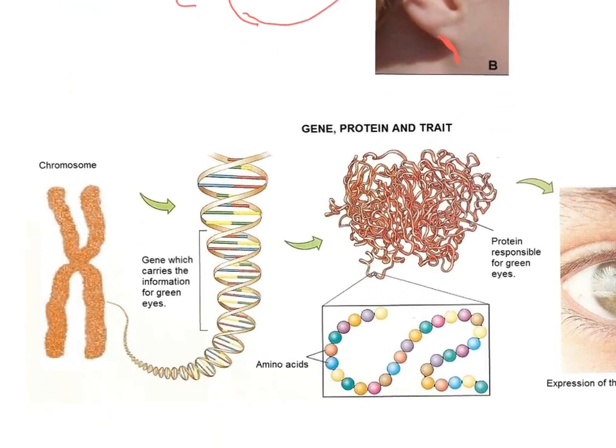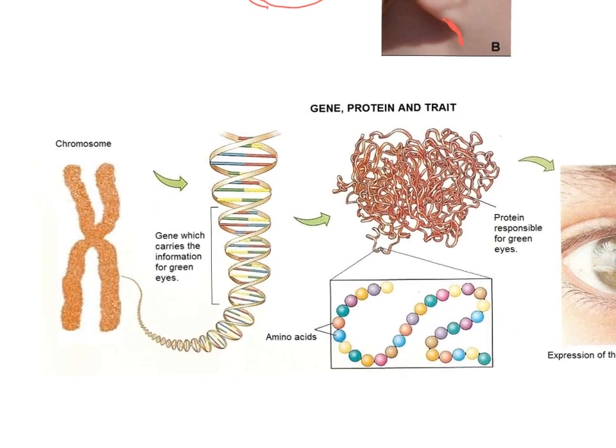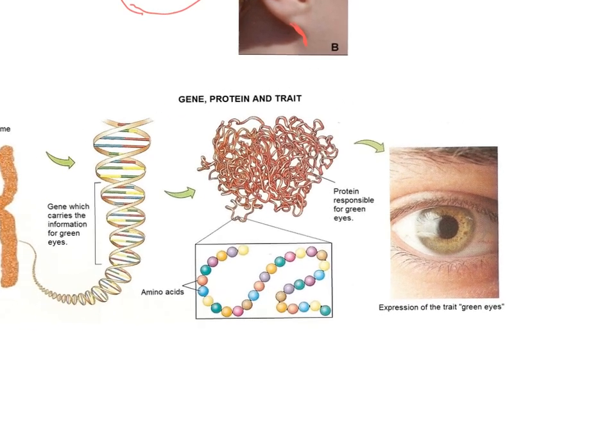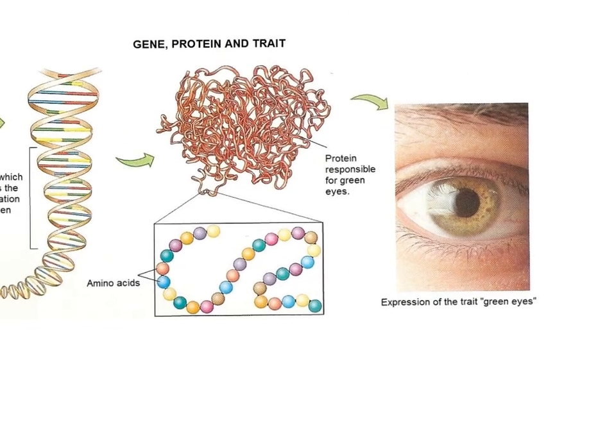So here's another way to look at that. DNA in the chromosome, which is going to be transcribed into mRNA and then translated into the functional protein. And again, the protein is all of those amino acids hooked together, and the proteins have certain jobs. And in this case, we're looking at a protein that would be responsible for providing the color to the iris of the eye.